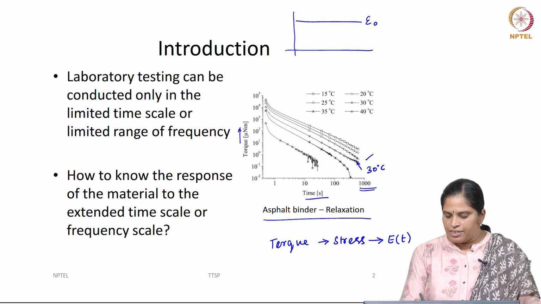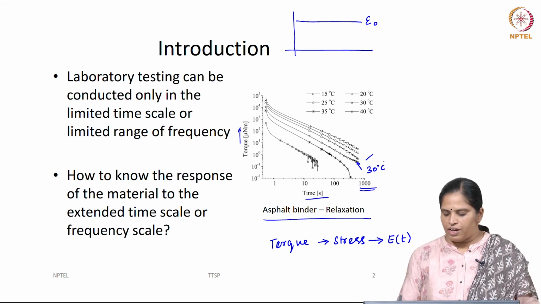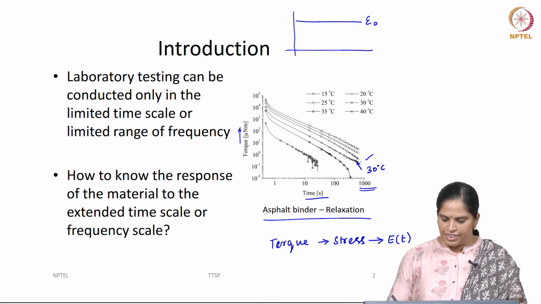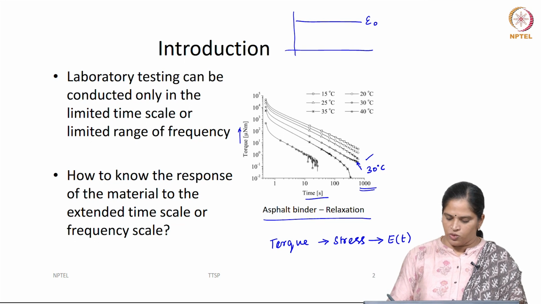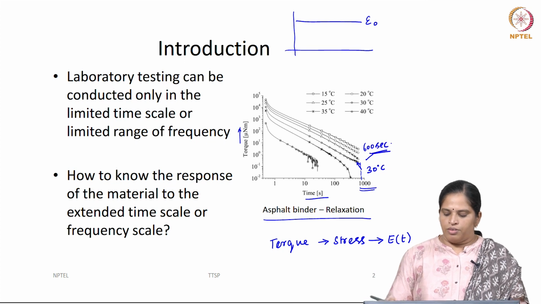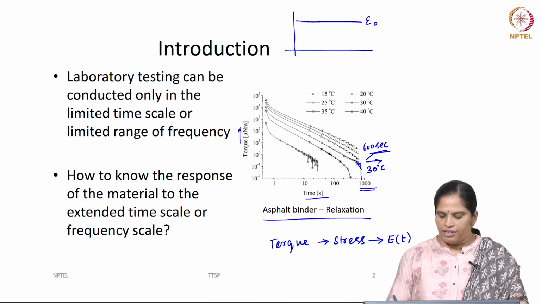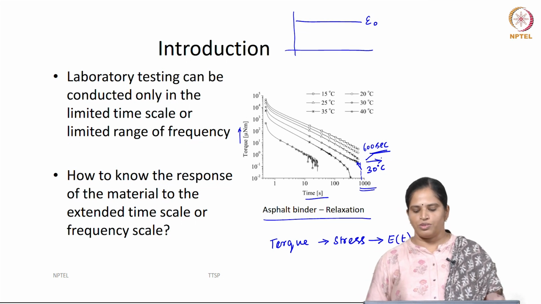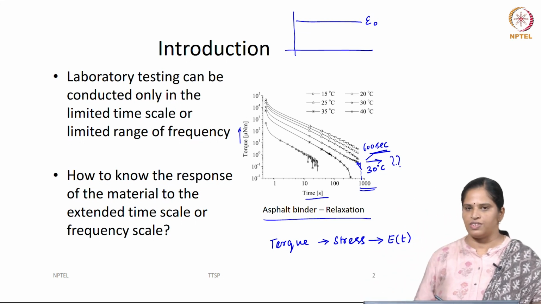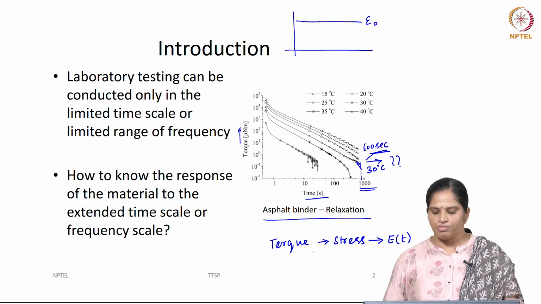So, as the time goes on, the modulus value is decreasing. While conducting the test, the test was stopped somewhere near 600 seconds. Now, what will be the response of a material beyond this? If you want to know the response of the material after 600 seconds, what to do?